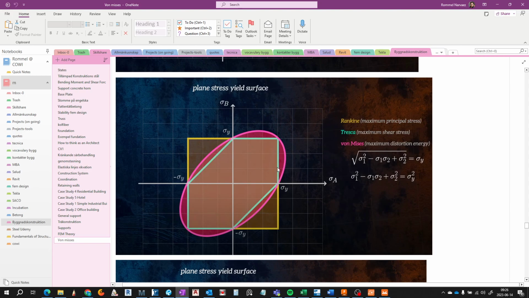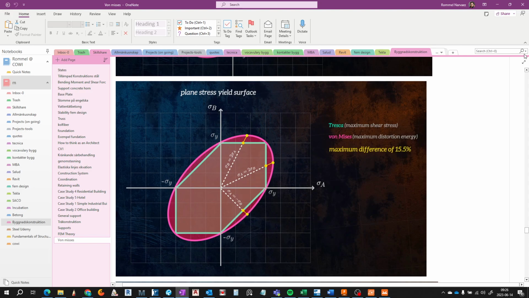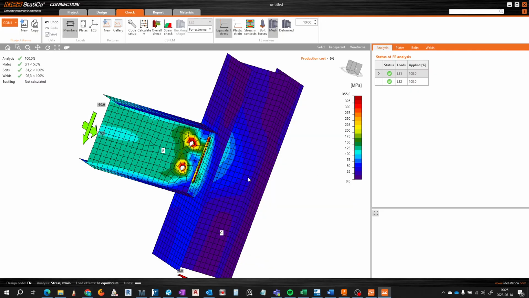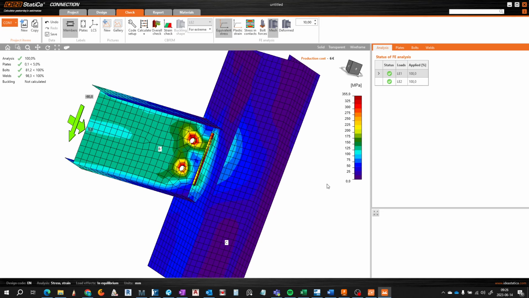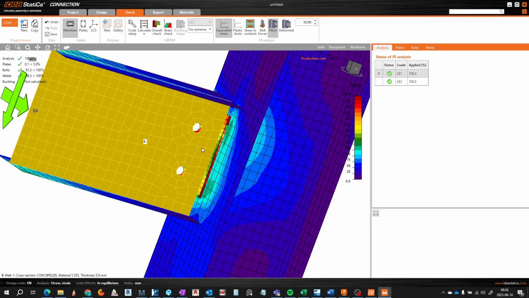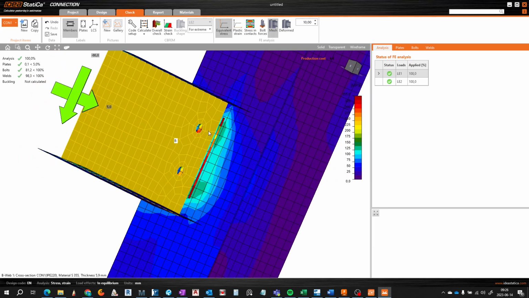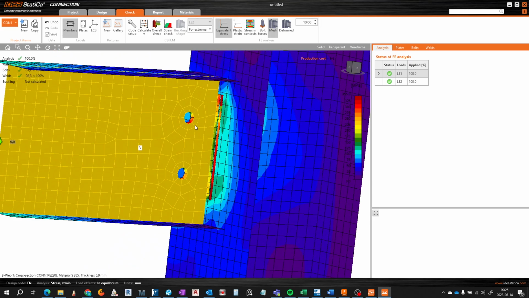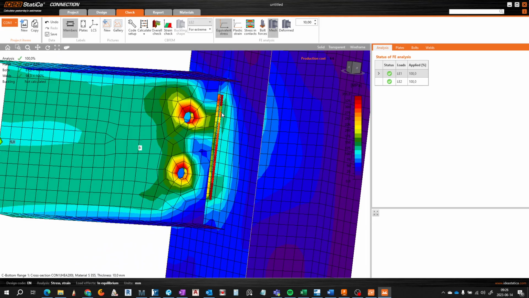So we are looking at these stresses in this connection here, and you see that we have stresses on the bolts, and we have stresses on the welds as well.